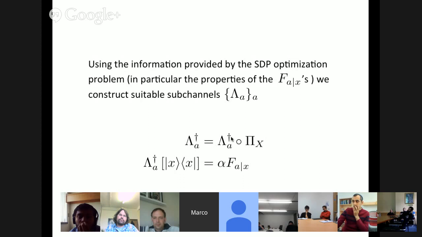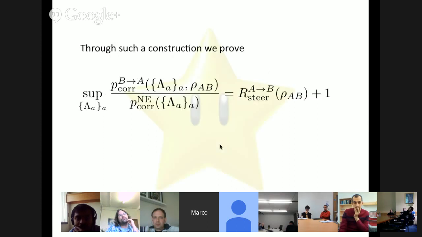Interestingly enough, the subchannels that we construct have a classical output, so they are really measurements. You should trust me that through such a construction, we prove a result like this.